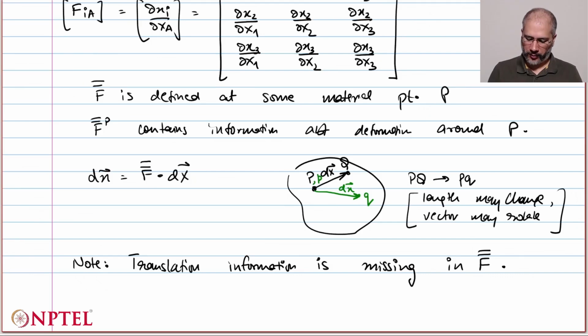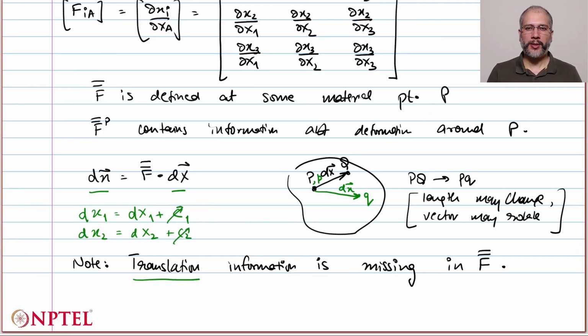Please note that the information about translation is missing in the deformation gradient tensor because we are taking the derivatives of small x and capital X. So if my body simply translates, that means that its coordinates x1 will be capital X1 plus some constant, x2 will be capital X2 plus some other constant and so on. Then if I differentiate this, this information will be gone.